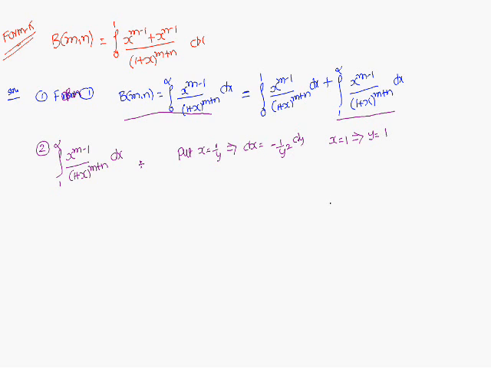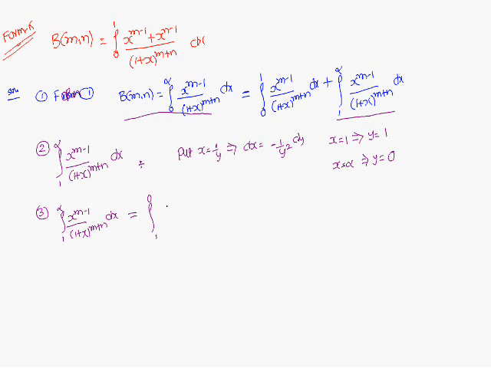Okay, x is equal to infinity means y should be 0. So integral 1 to infinity x power m minus 1 by 1 plus x whole power m plus n dx is equal to, the limits should change to integral 1 to 0.